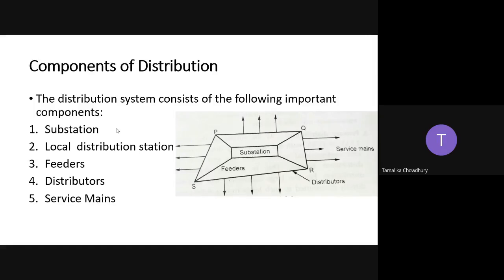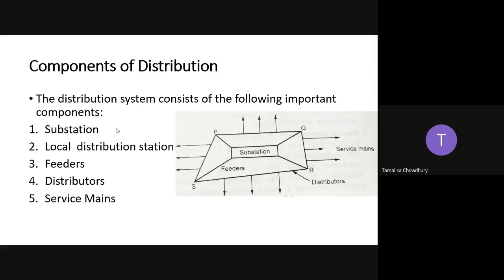Now we enter into the local distribution center or station. So local distribution station consists of distribution transformers. Again, a transformer. This distribution transformer steps down the voltage levels from 3.3 kV, 6.6 kV to 400 volt. Now it is no more kV. It is directly volt. So 3.3, 6.6 kV to 400 volt, 230 volt, like this.